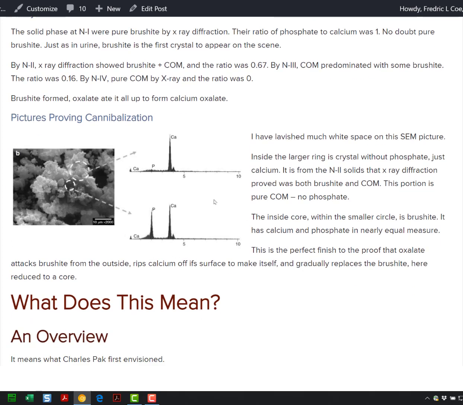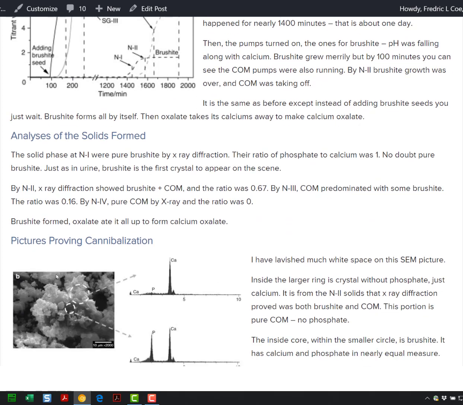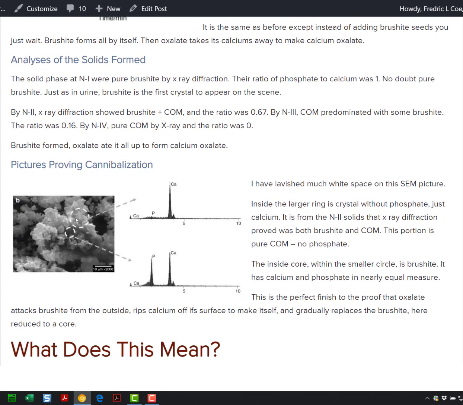Here's some gorgeous pictures. This is the SEMs of N2. N2 is right here. Certain areas, pure calcium oxalate, no phosphate, all calcium. In this hole, which is in the core of this bunch of crystals, brushite. So it doesn't just show you that you're converting brushite to calcium oxalate. It shows you that the core is still brushite.